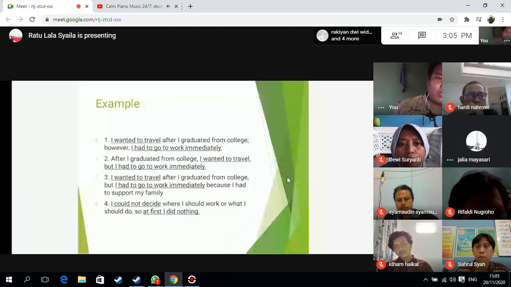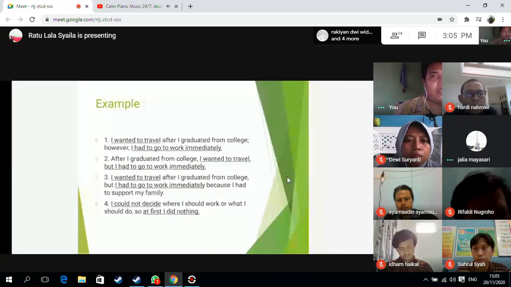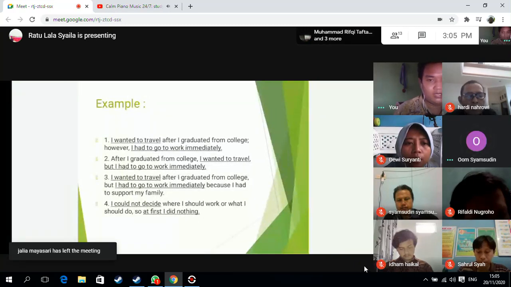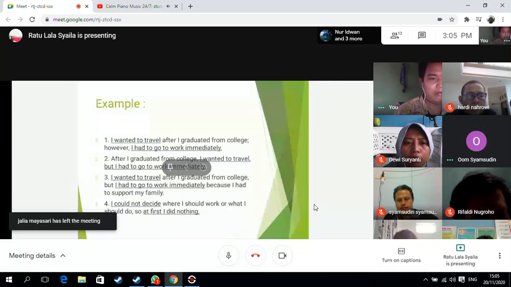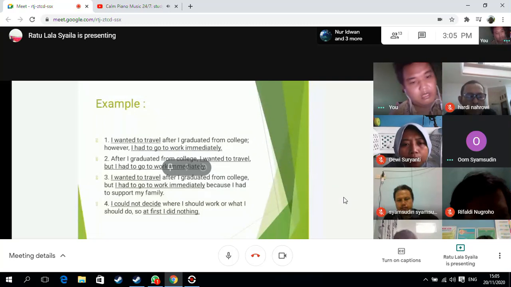This is an independent clause. Graduated from college. This is a dependent clause. But I had to go to work immediately. This is an independent clause. Because I had to support my family. This is a dependent clause. So there are 2 independent clauses and 2 dependent clauses in this sentence.